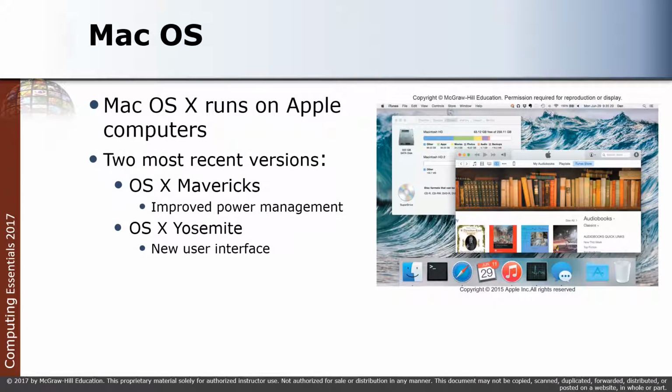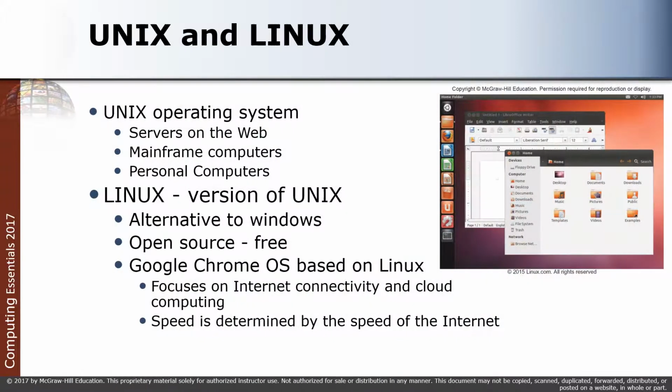Mac OS is used in Apple computers. Other types of operating system, which are more popular in servers and mainframes but also used by technical users in personal computers, are Unix and Linux.